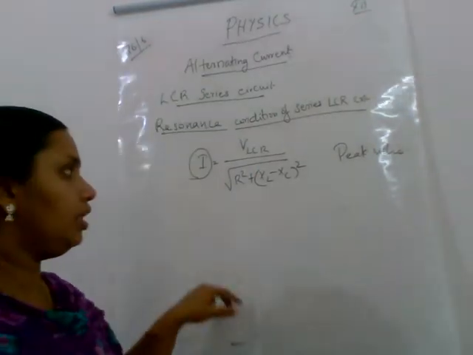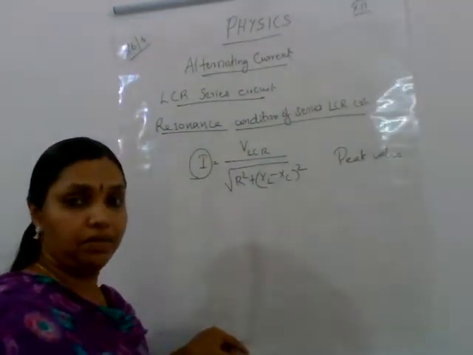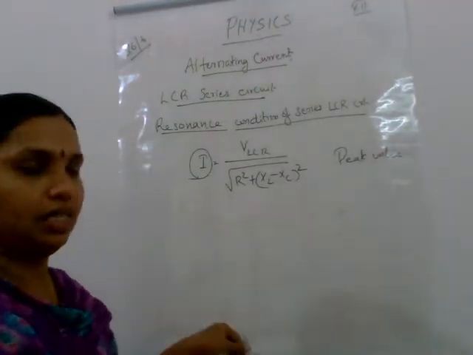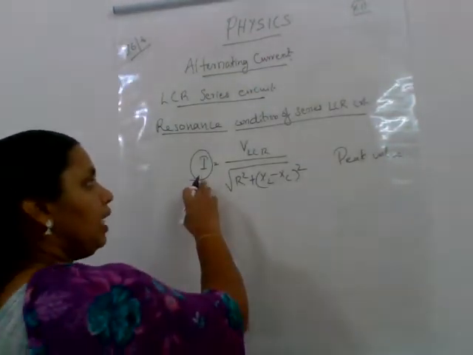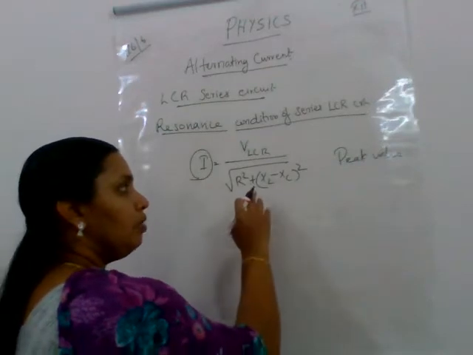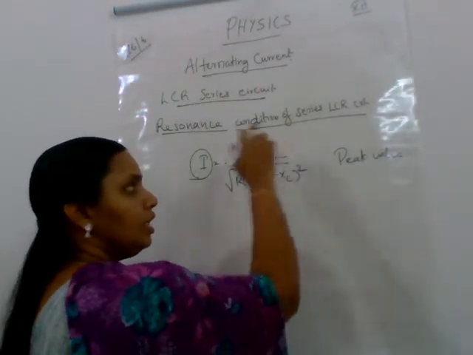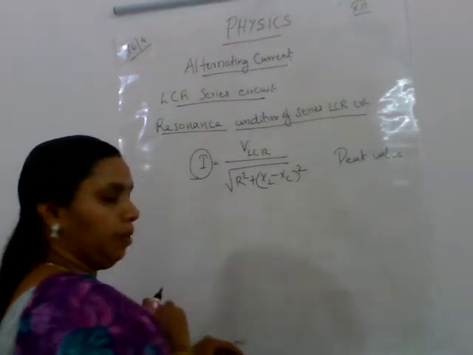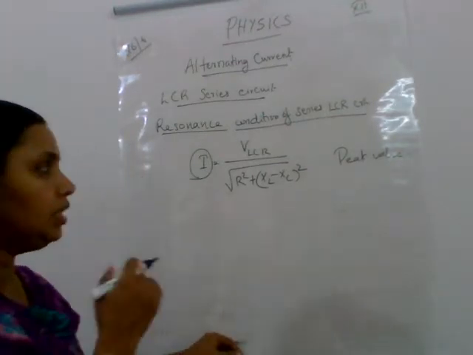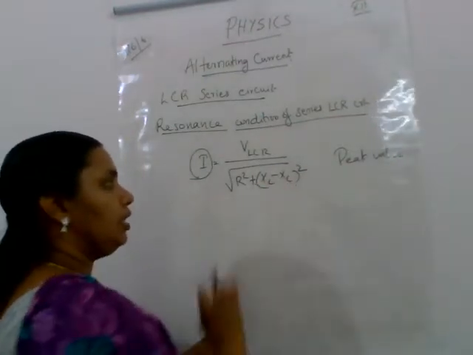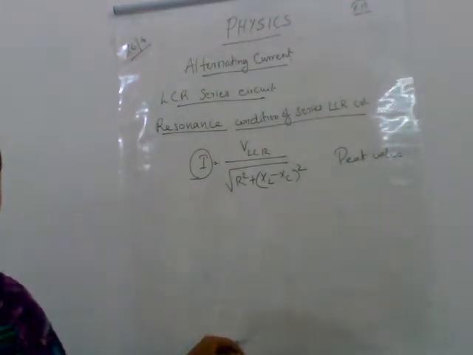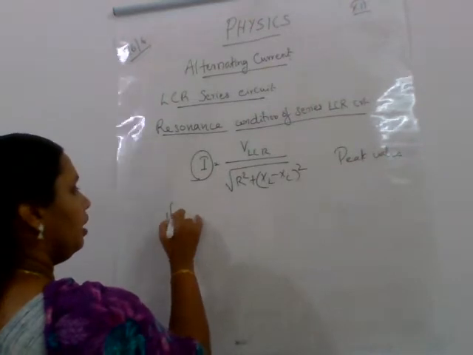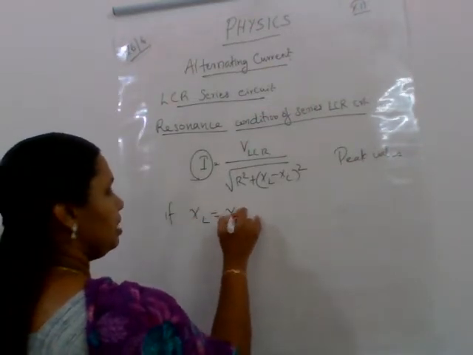Resonance, that term you have heard already, like in the case of waves, where you studied the resonance condition when the system resonates. So to make this I maximum, what is needed? This VLCR is the resultant potential, so no change. Here the denominator should be minimum. What is the condition for the denominator to become minimum? XL is equal to XC.